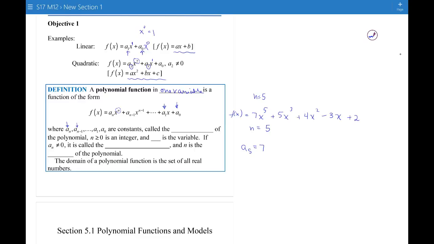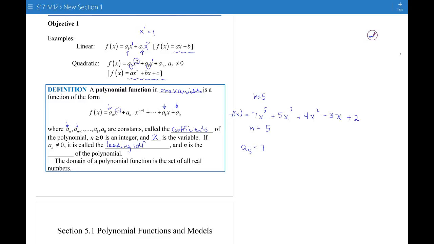Those are all constants, and they're called the coefficients of the polynomial. N has to be greater than or equal to 0, and has to be an integer in order to be a polynomial, and x is the variable. As long as the a sub n at the front isn't a 0, it's called the leading coefficient.